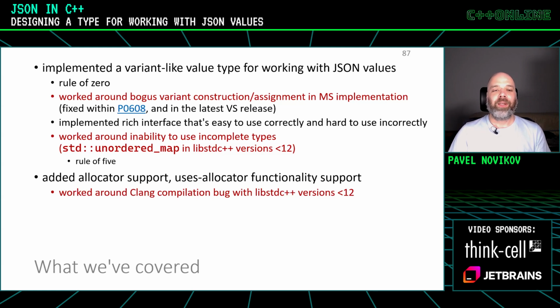We worked around some impossibility to use incomplete types, specifically in libstdc++ versions earlier than 12. For that, we used rule of 5. We added allocator support and uses allocator functionality support, and worked around a Clang compilation bug with libstdc++ version 12 and earlier.